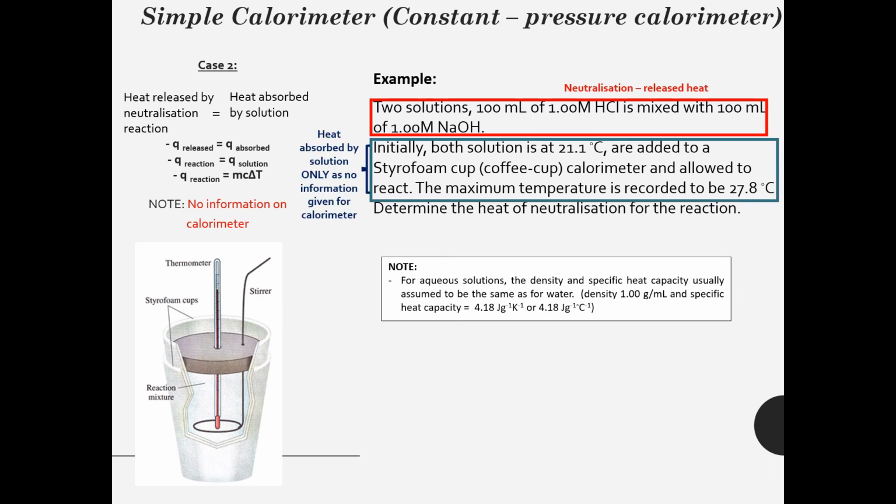There is no information in terms of the heat capacity of the calorimeter given to you. So this is case number 2, whereby the heat released by the neutralization reaction is only absorbed by the solution.